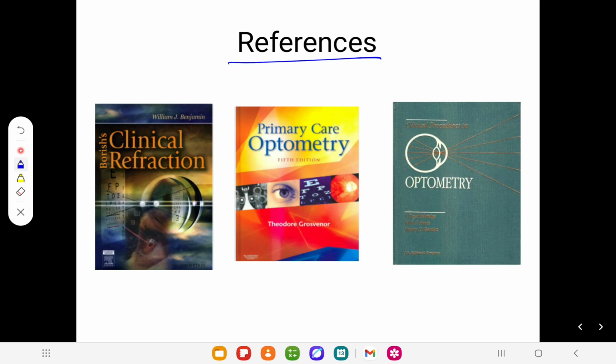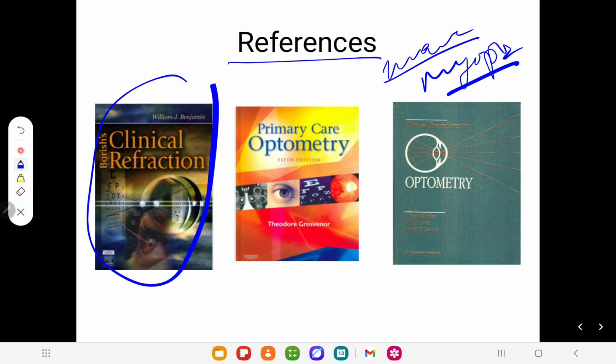And then fogging: correct the refractive error, and then put plus so that both focal points come in front of the retina and the patient cannot accommodate more. If they accommodate more, they will be more myopic, so they choose not to accommodate. That's the concept of the starting point and the control of accommodation.